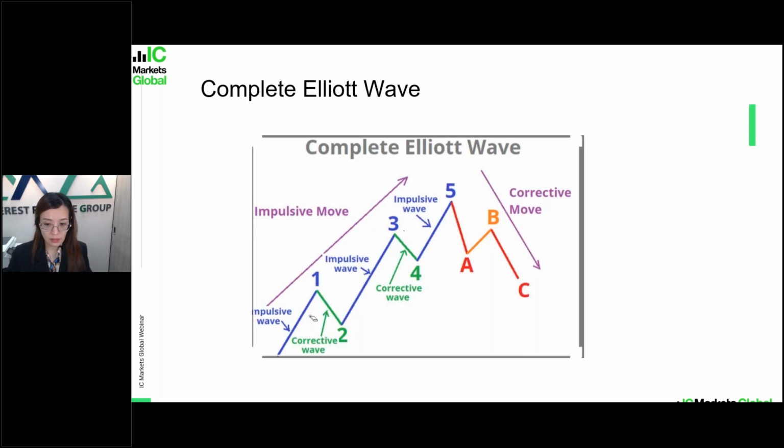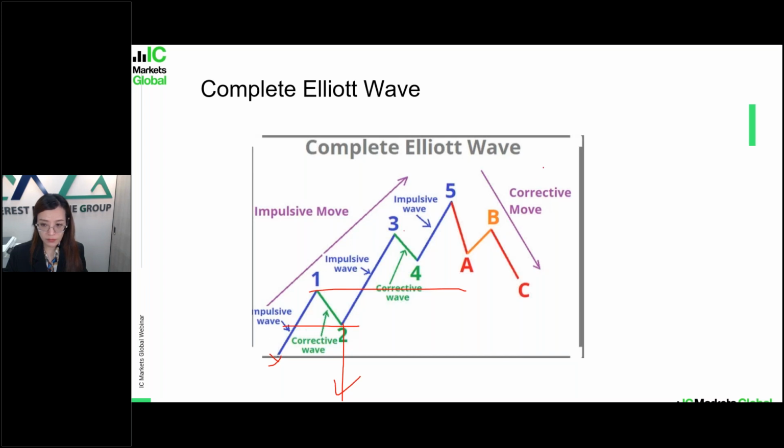What you need to remember, like I always say, if you want to trade Elliott wave, is that wave 2 cannot retrace below the start of wave 1, and wave 4, easy to remember, cannot overlap wave 1, and wave 3 can never be the shortest of waves 1, 3, and 5. The impulsive moves, which are wave 1, wave 3, and wave 5, always move with the trend, and wave 2 and wave 4 are retracements, they will move against the trend.